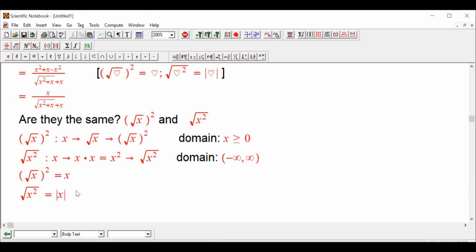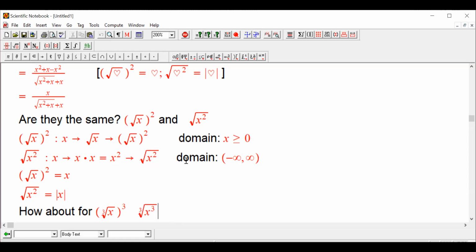Now, how about for root 3? For example, if I have cubic root of x, and then to the power 3, versus cubic root of x raised to the power 3. Are these two the same?